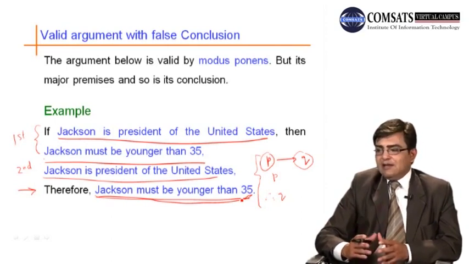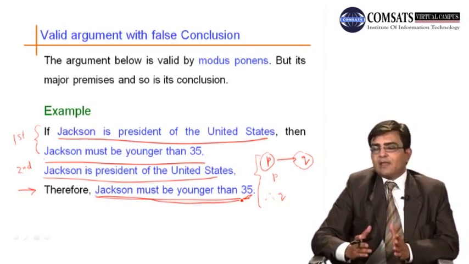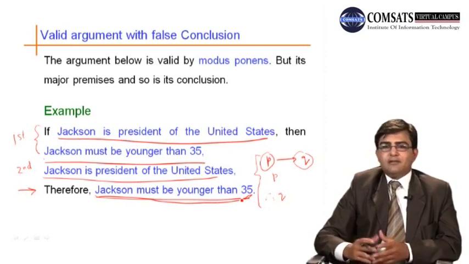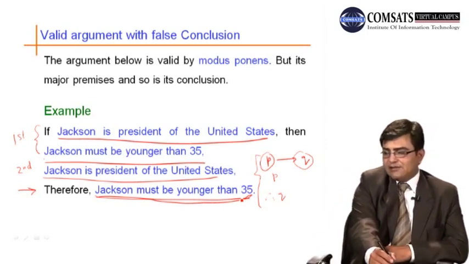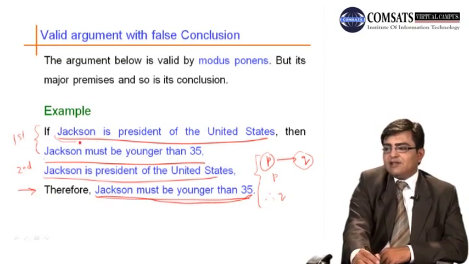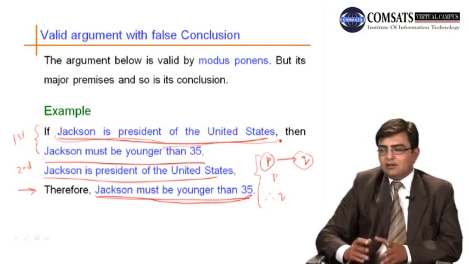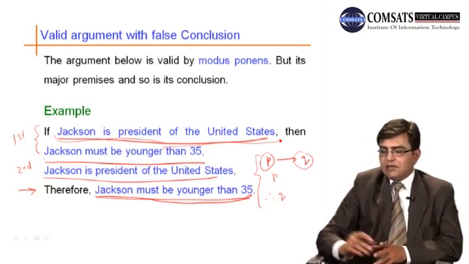So in symbolical form, this is a valid argument form, but in real life problems the conclusion which we have drawn is false, just because the individual statements which are used in this argument don't make sense, or they are false.